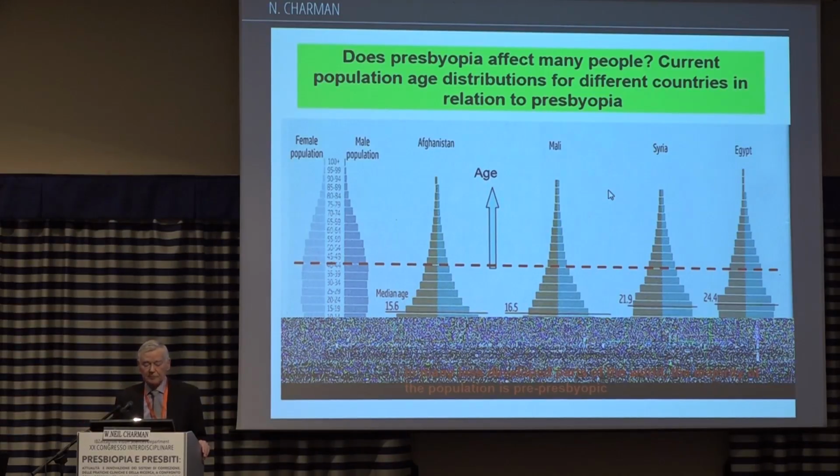And this shows some relatively undeveloped countries with very young populations, and on there is the median age for the population, so the age at which half the population are older, half the population are younger. And in many countries, and of course in Europe in the past, that's been the typical state of affairs. So it's only been a small fraction of the population that suffers from presbyopic problems.